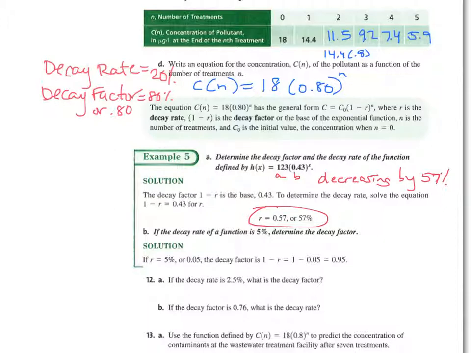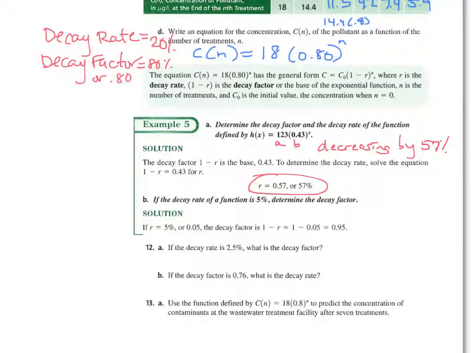So what if our decay rate of a function is 5%? If we want to go down by 5% each time, what do we have to do? Our rate is 5%, but our decay factor is 0.95. This would be our decay factor. That's what I have to multiply by in order for it to go down that much. What if the decay rate is 2.5%?